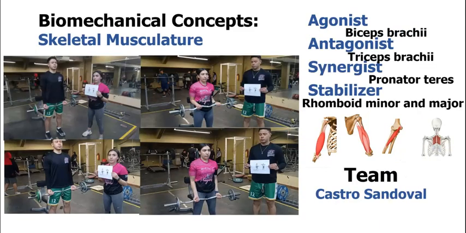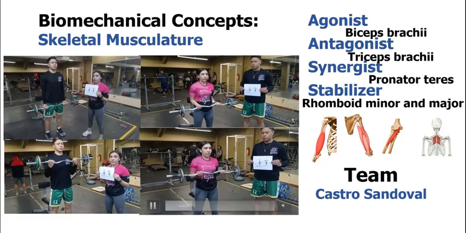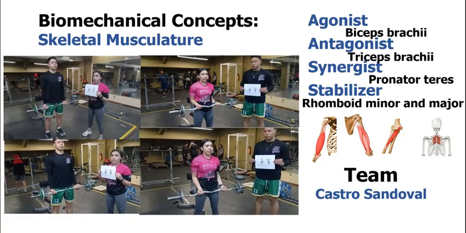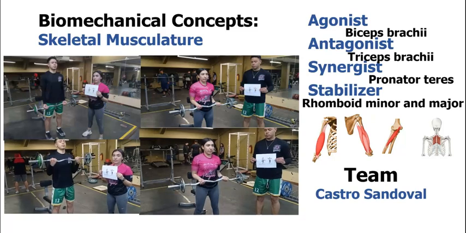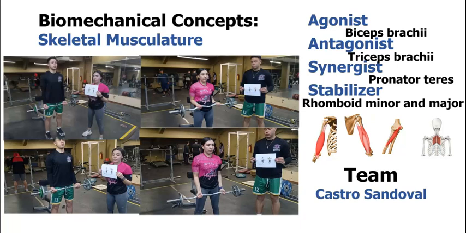And we can analyze here the example of this exercise. The agonist is the biceps brachii, the antagonist is the triceps, the synergist is the pronator teres, and the rhomboid minor and major are the stabilizers.